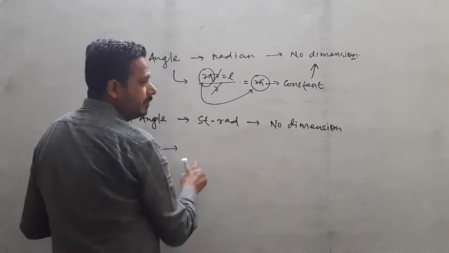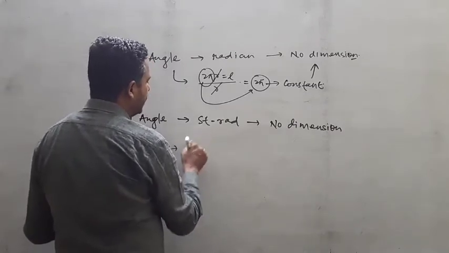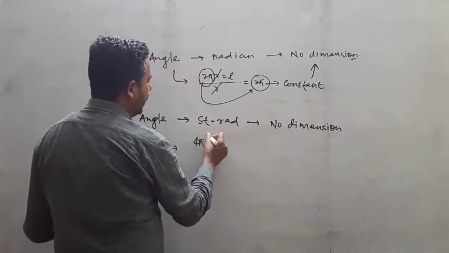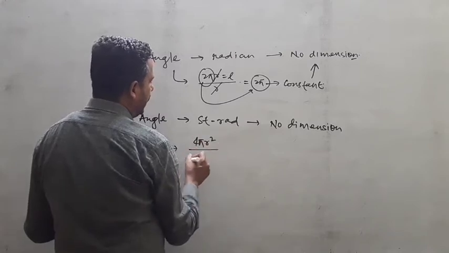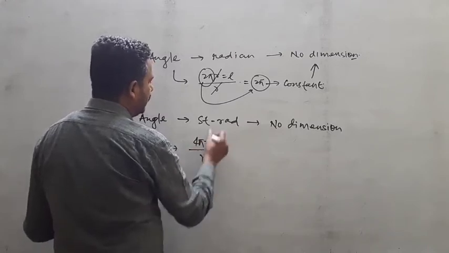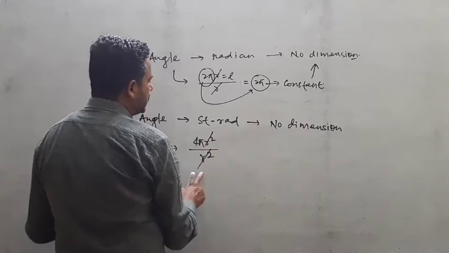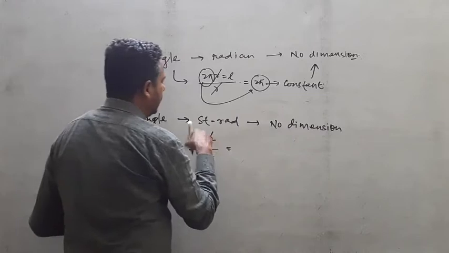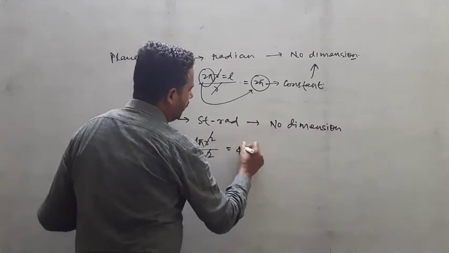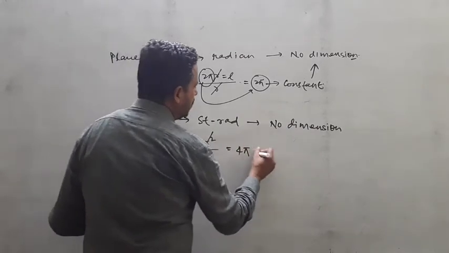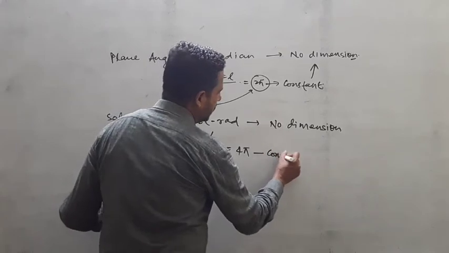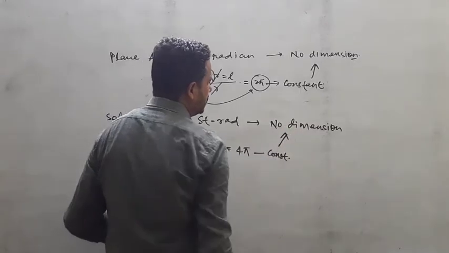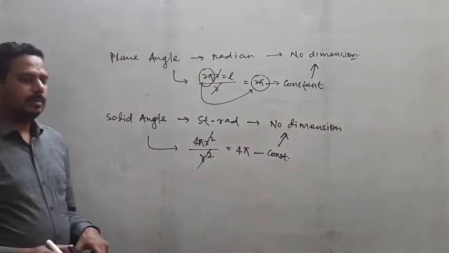The surface area of the sphere is 4 pi r square, divided by the square of the radius. So r square and r square are cancelled. Now this is 4 pi only, which is also a constant. That means no dimension.